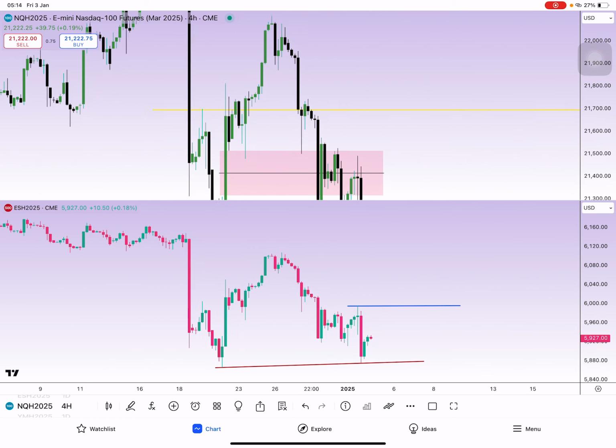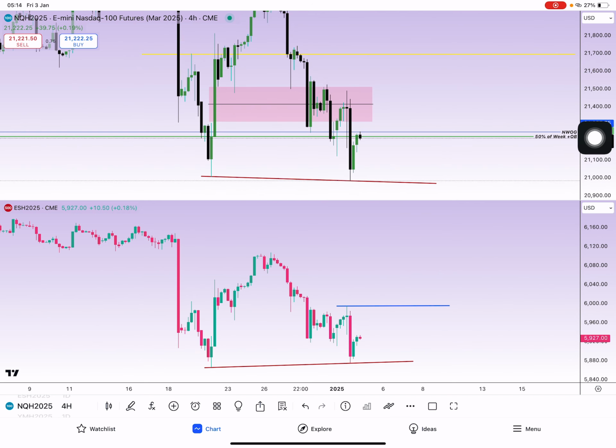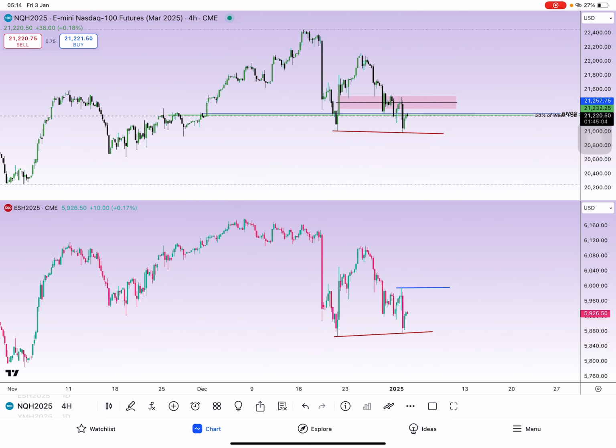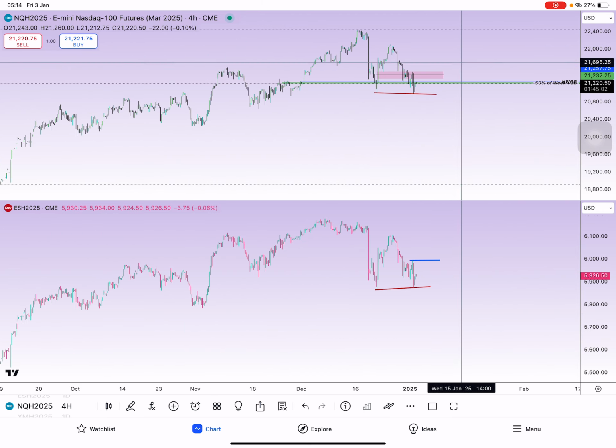And similarly, NASDAQ has to close above this fair value gap with some strong momentum, and then we can see price action come back to the fair value gap or any order block or something like that, and then we can look for a buy entry towards the all-time high again.